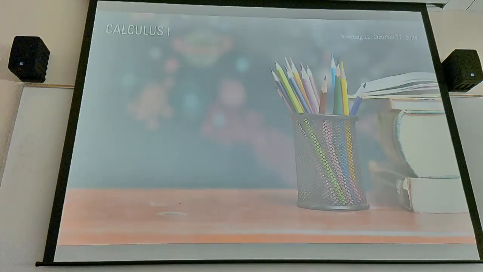Right, an instantaneous rate of change. Graphically, what is it? Slope of what? We call it that, but that's not really what it is. Slope of the tangent line.